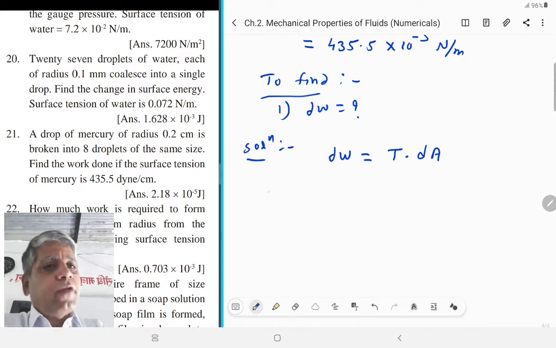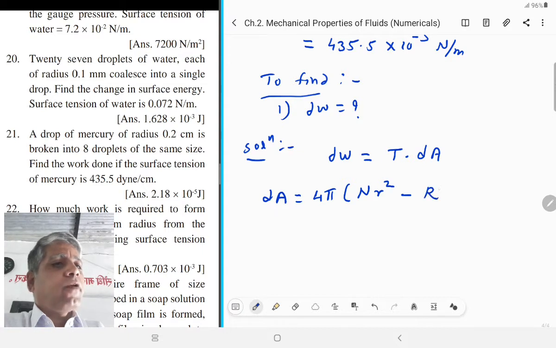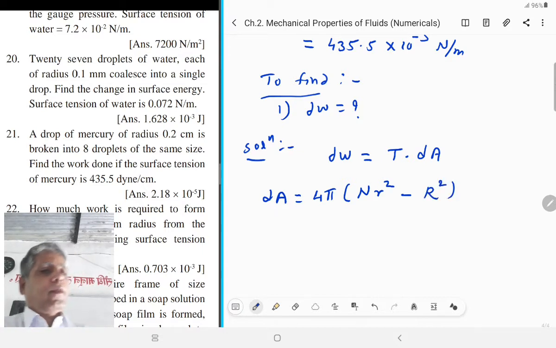Change in surface area is equal to 4 pi into bracket n into r square minus capital R square. This is the change in surface area we have already seen in earlier numerical, that is in question number 20.